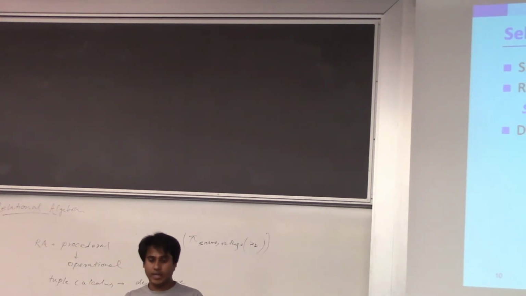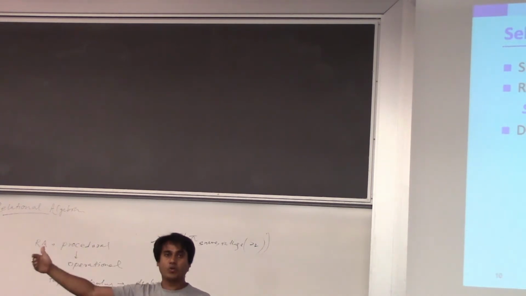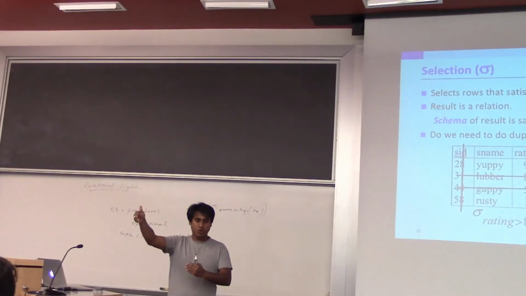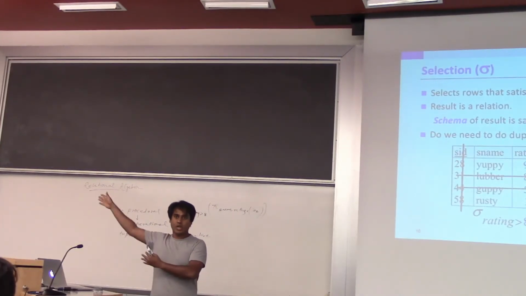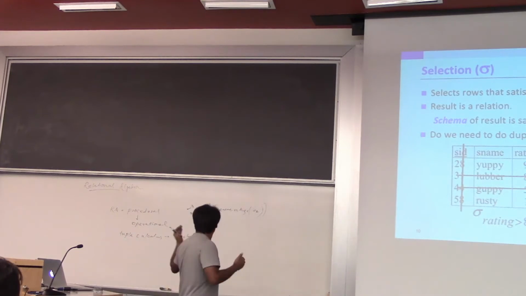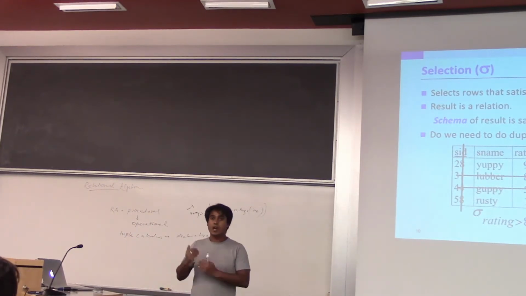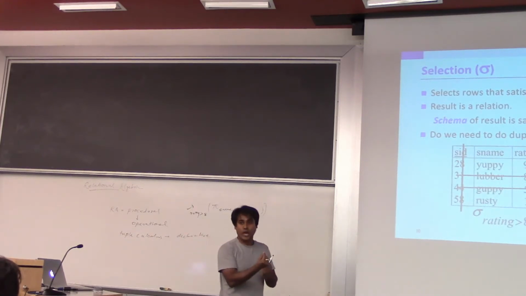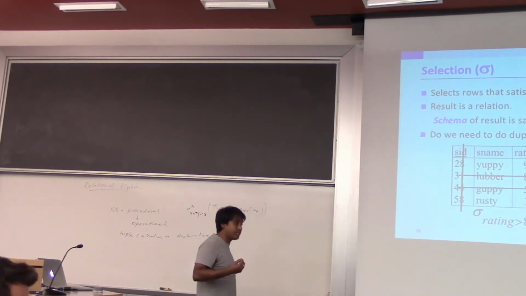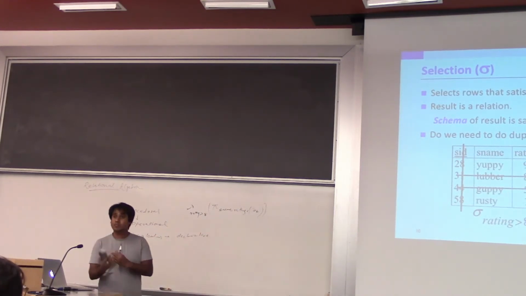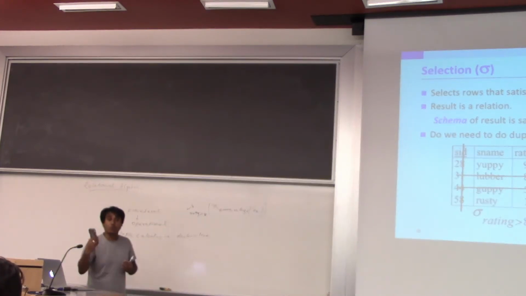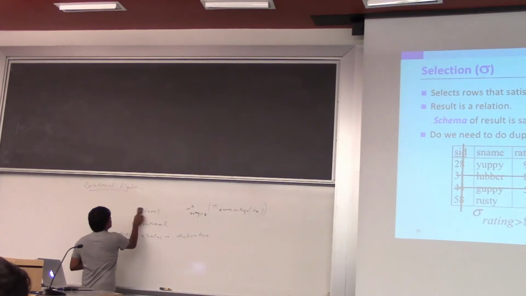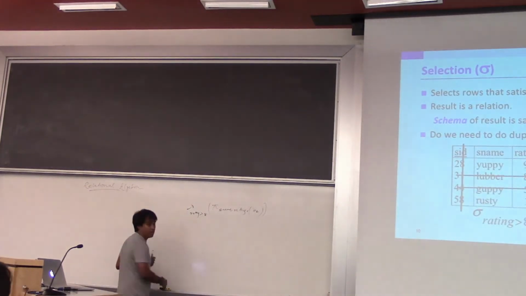If it is operational, you take steps like that: you go to Campus Drive, then go till State Street and take a right, then go to Capitol Hill. For the declarative one, you just say I want to go west and then north. You are not specifying how you want to do that; you just say what you want at the end. That's declarative. Operational means you also specify how you want to do it. That's the difference between relational algebra and tuple calculus.